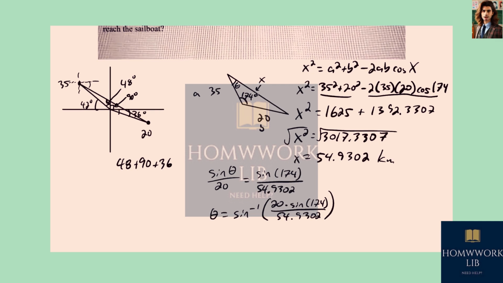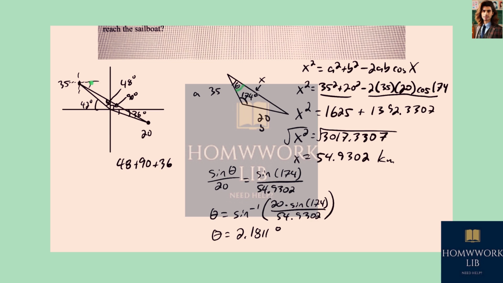Okay, so that's what goes in my calculator. That inverse sine of 20 times the sine of 174 divided by 54.9302, and we get a theta of 2.1811 degrees. So again, that is this angle right here.